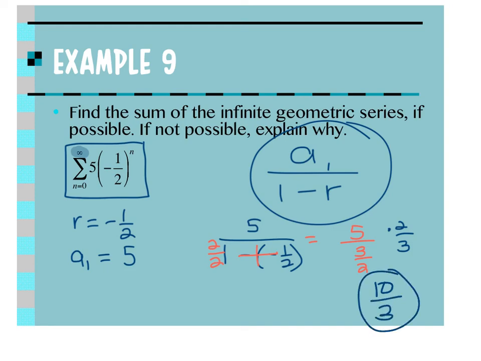If you give it to me as a rounded decimal, it will be marked wrong. Be careful. So 10/3 is the sum of every number from 0 to infinity if my r is negative 1/2 and the first number is 5. So it's an infinite sum.